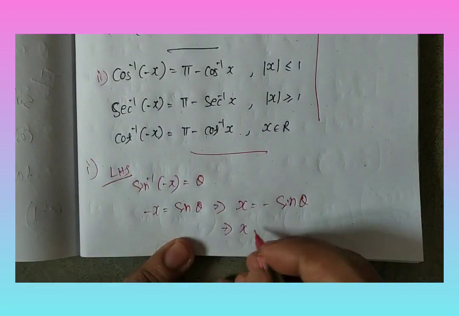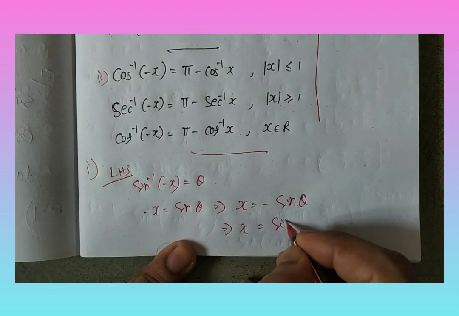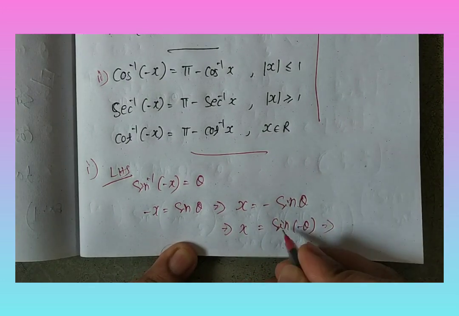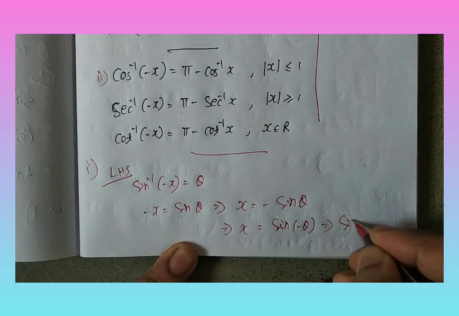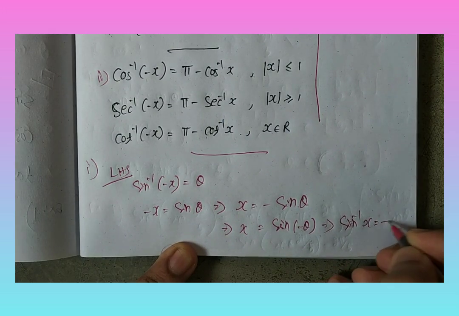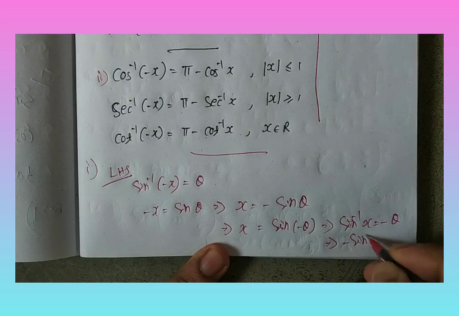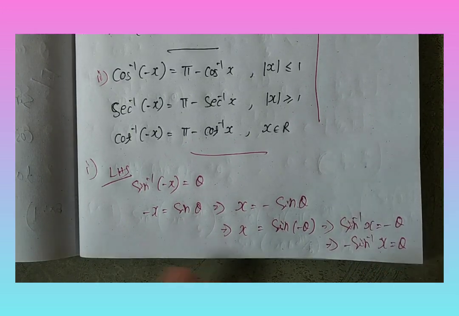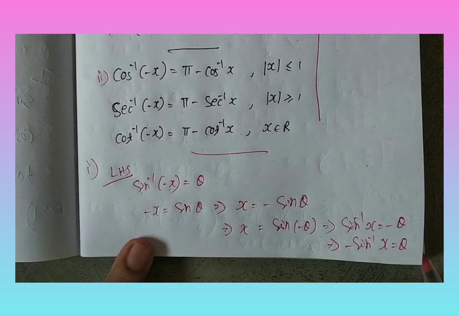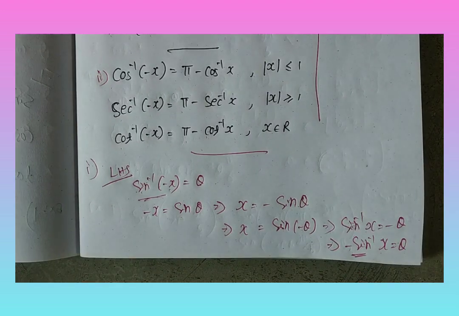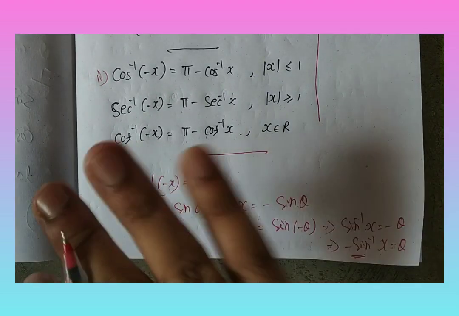We can write sine of minus theta instead of writing minus sine theta. Then take the sine into left hand side. The sine becomes sine inverse x. Now multiply minus both sides. Theta equal to sine inverse minus x and theta equal to minus sine inverse x. Hence sine inverse minus x is equal to minus sine inverse x. This is the proof of first bit. Proof is not required.